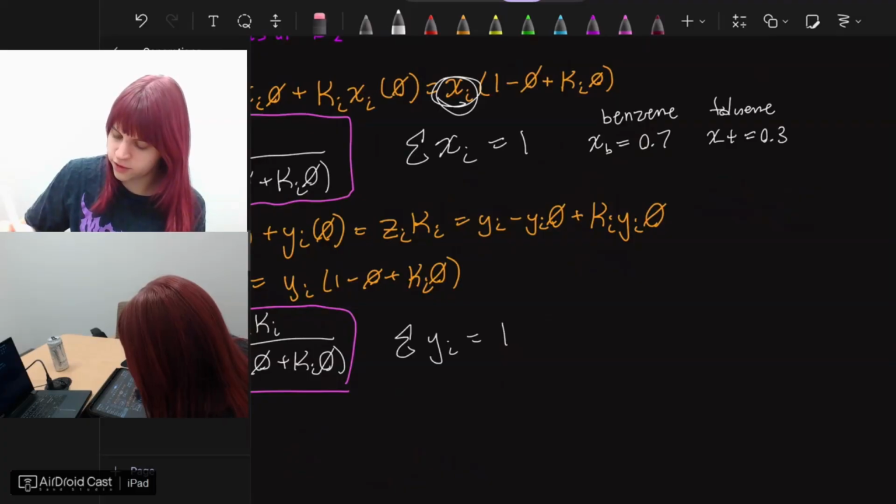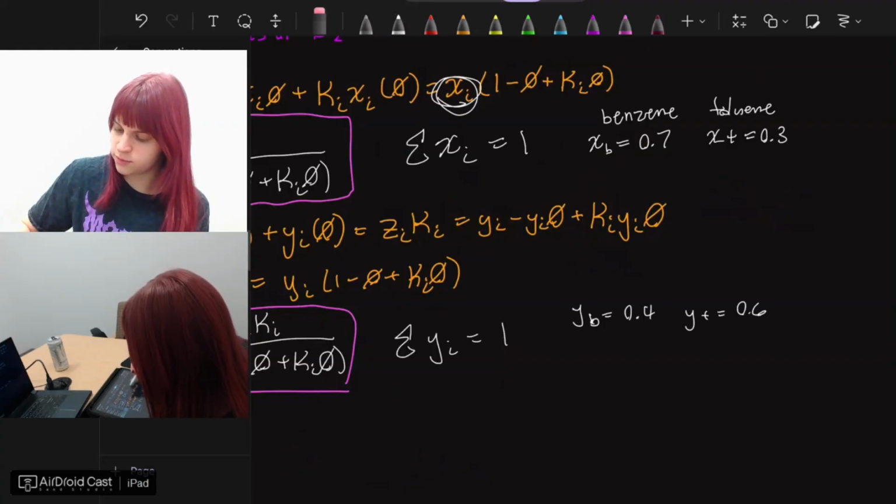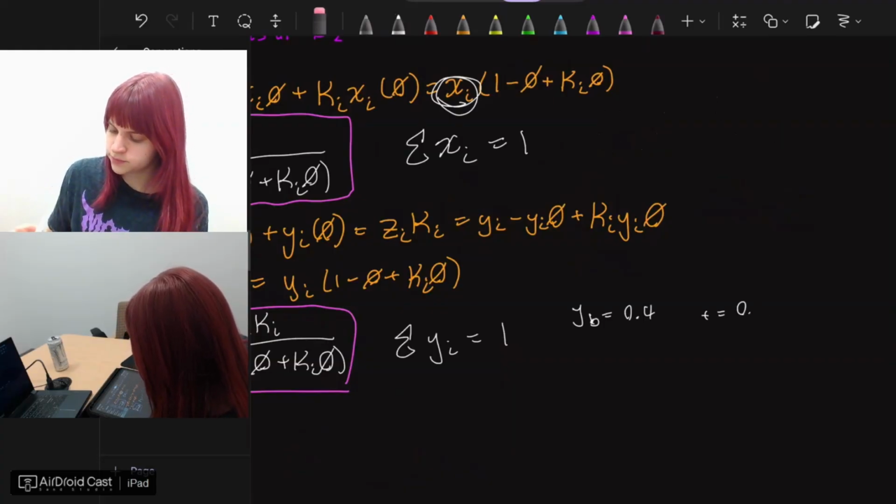And then it's a similar thing down here. You just have to make sure that it's balanced and it adds up to 1. But that is just an example, so I'm going to get rid of that.